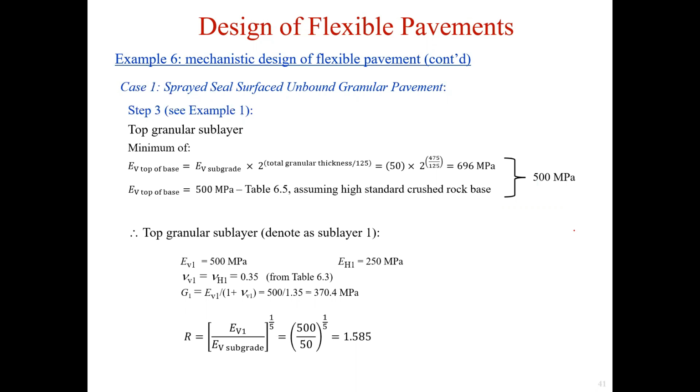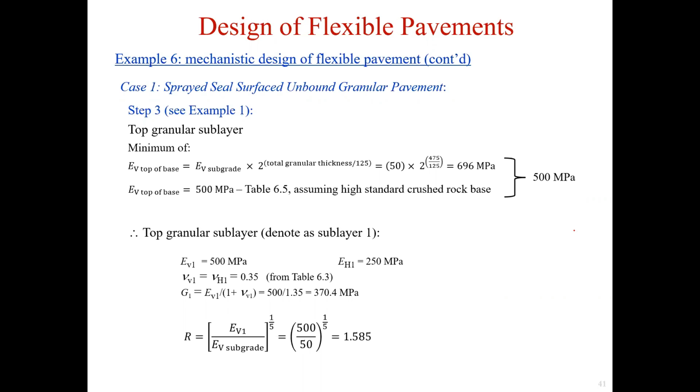Step 3, for granular materials placed directly on the subgrade, sublayering is required. The calculation is similar to the example in the last lecture. So EV1 is the minimum of the value from the formula and from the empirical table, which is 500 megapascal. And EH1 again is half EV1, so it is 250 megapascal.